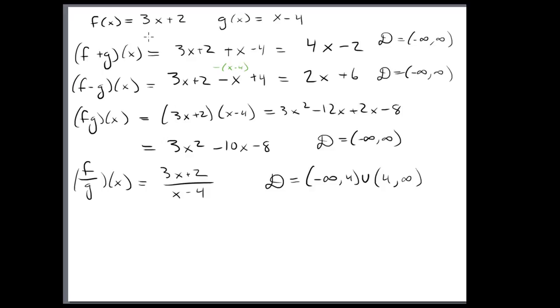Now there's one other thing that we could do with these functions. So we had f of x equal to 3x plus 2, and g of x equal to x minus 4. And we could find the composition.